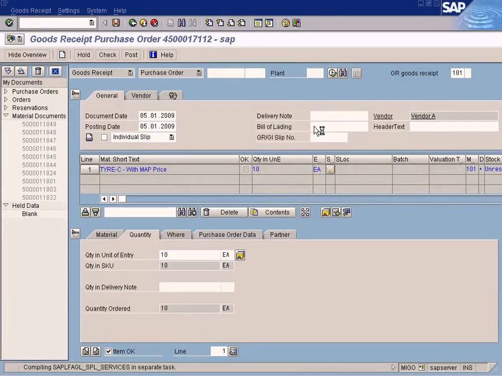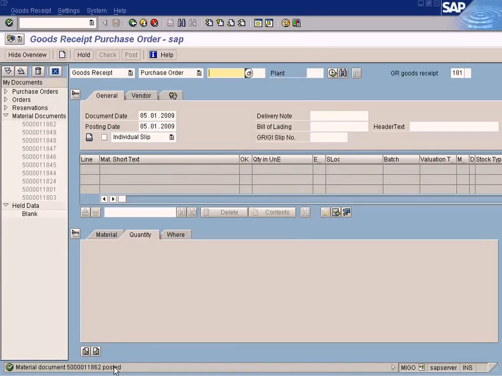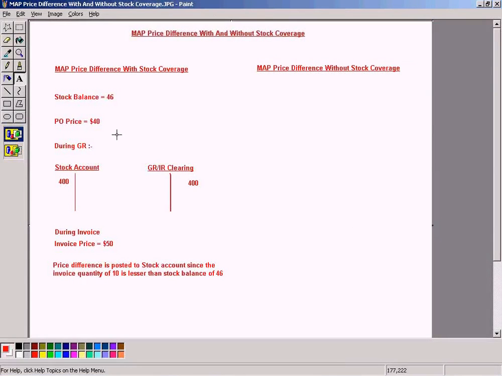So I'm going to receive 10 units and post it. Okay, now it's posted. So this is done.